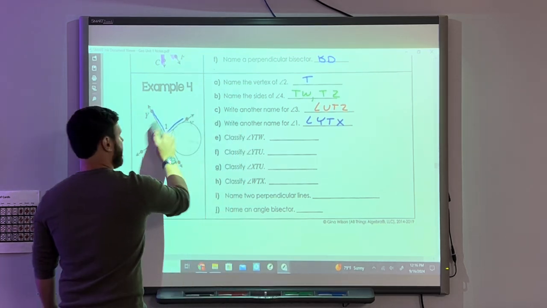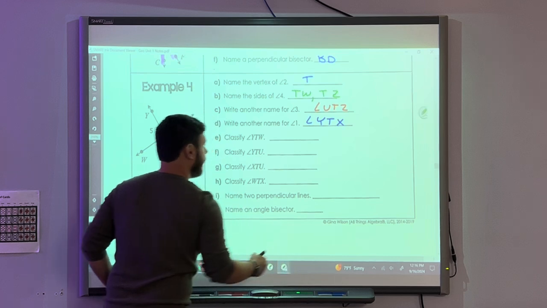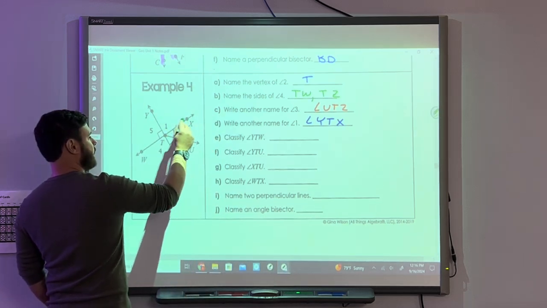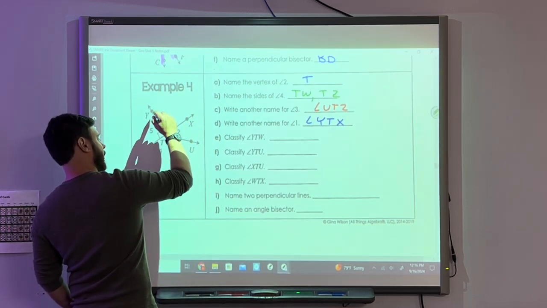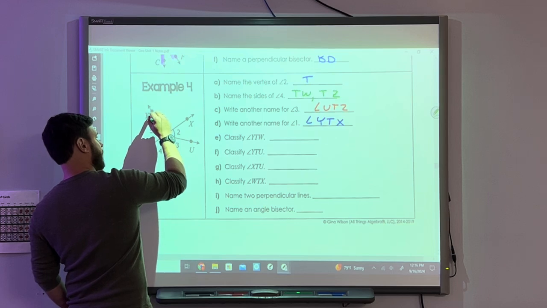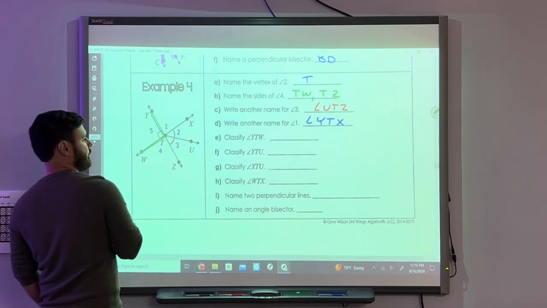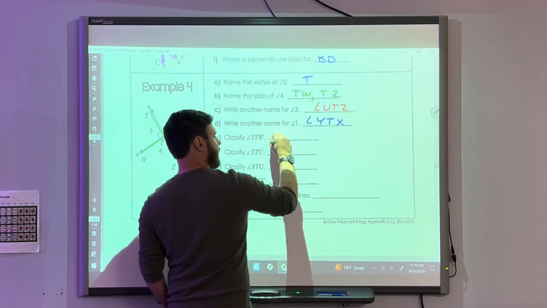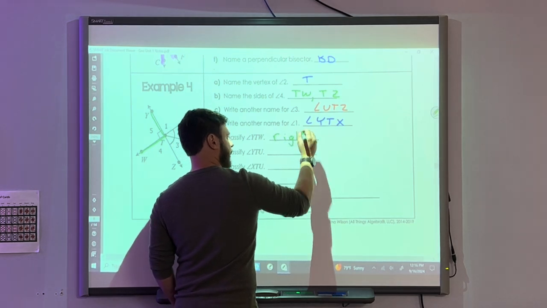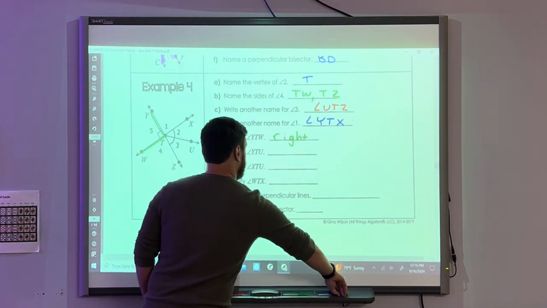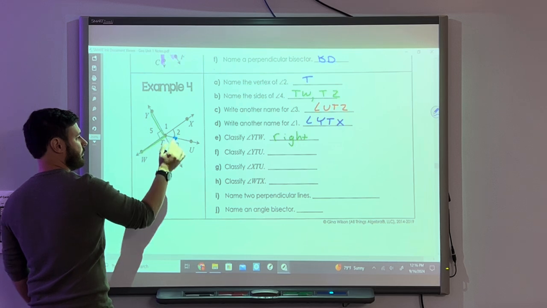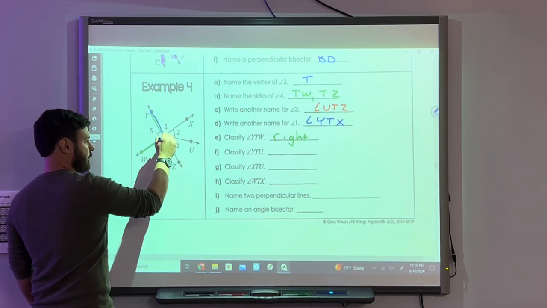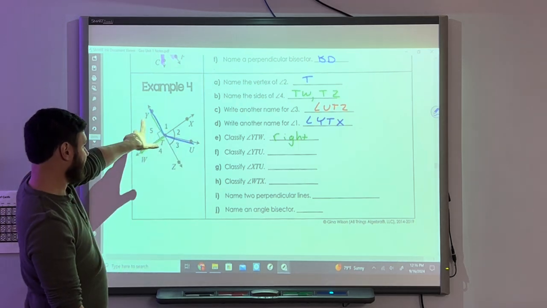Let's do some classifying. YTW. Y to T to W. Right? YTW, where is that? Well, that box there tells me that it's 90, so it's a right. Let's look at YTU. Okay. Well, that's definitely more than 90.